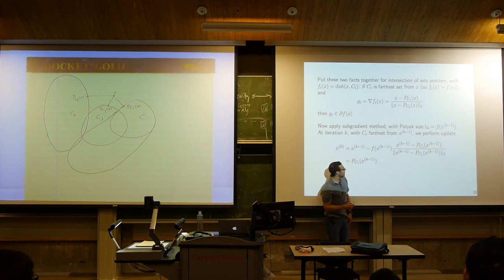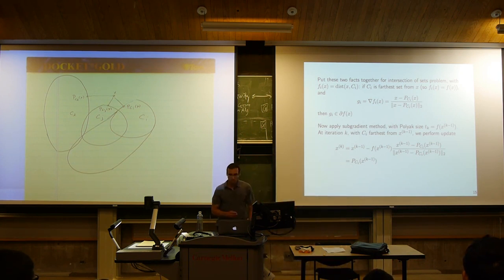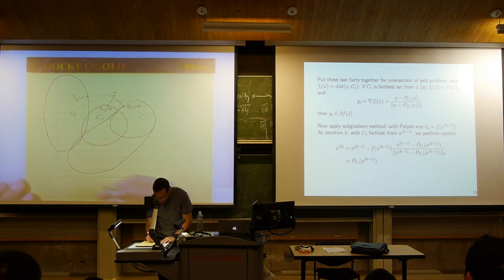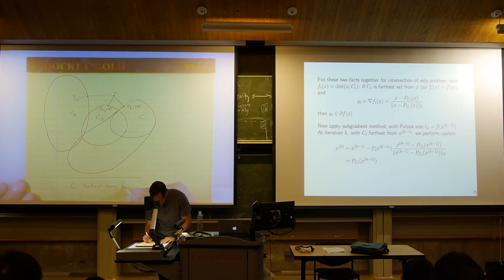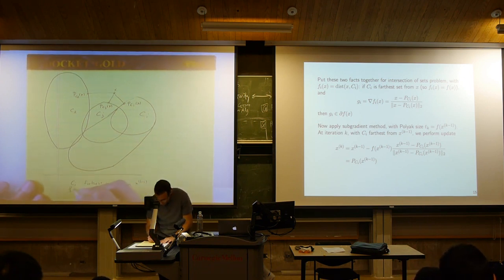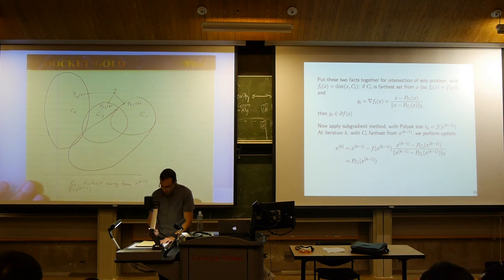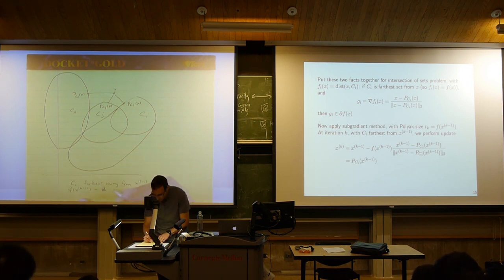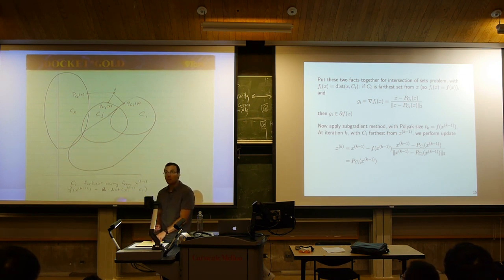Okay, and let's just rearrange this to find out that if Ci was farthest away from xk minus 1, then our criterion value at xk minus 1, which remember is the maximum distance from xk minus 1 to all the sets, is equally well the distance from xk minus 1 to Ci, because it's the farthest away.